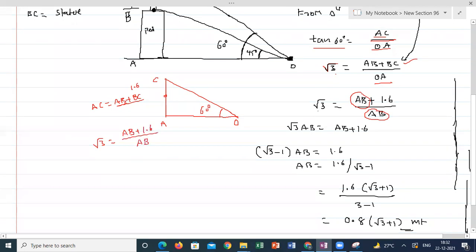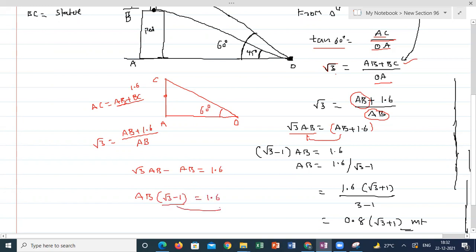Cross multiplying, root 3 times AB is equal to AB plus 1.6. Taking AB to this side, root 3 AB minus AB is equal to 1.6. Taking AB common, AB times root 3 minus 1 is equal to 1.6.